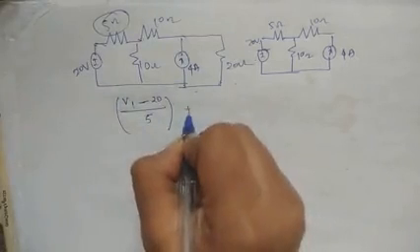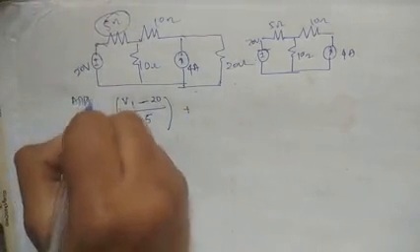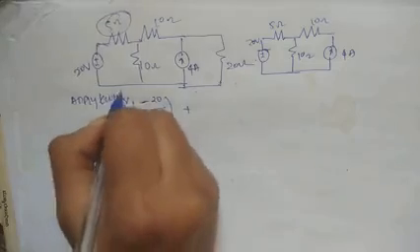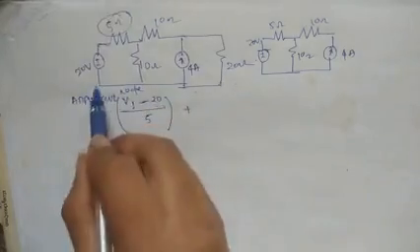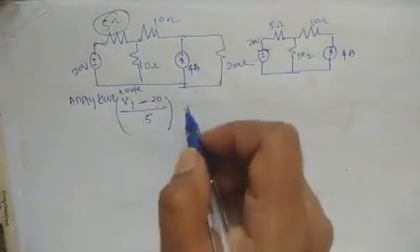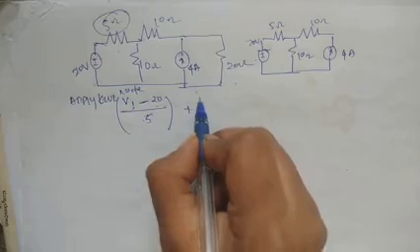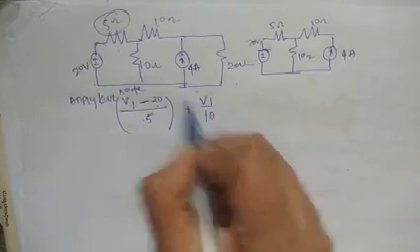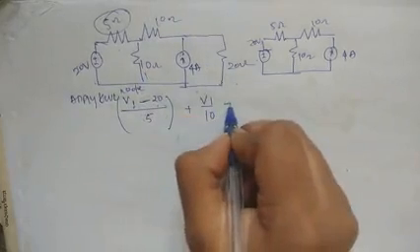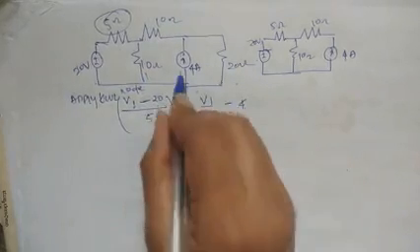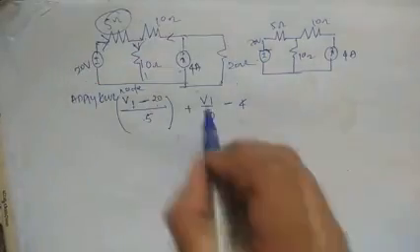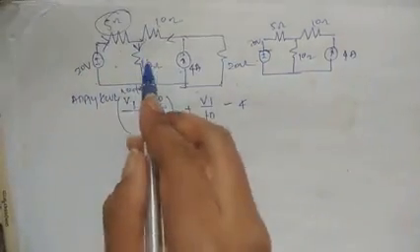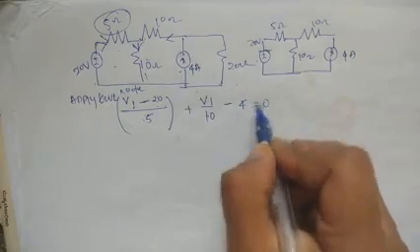Right. Apply KVL, node rules. V1 minus 20, divided by 5, plus V1 divided by 10 ohm resistor, minus 4 ampere current. Why? Because the current is flowing in this direction. Minus V1, equals 0.